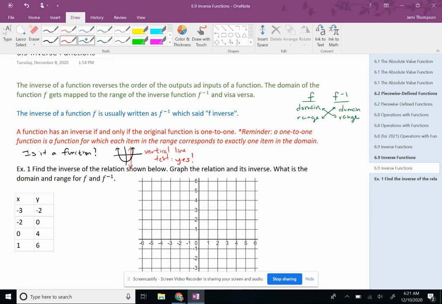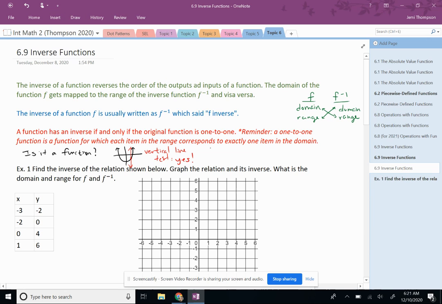But if I am asking the question, is it a 1-to-1 function, then I am going to use the horizontal line test.